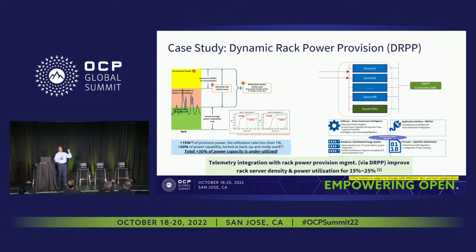We take all the servers in the rack and say, together, your power budget is X. Let's say all the servers together are 10,000 watts, but we tell the servers your budget is 8,000 watts, and it's for them to manage that excess 2,000 within there. Not everyone has to throttle, but somebody has to throttle to keep everybody under that limit. And that responsibility is given to the dynamic rack power provisioning controller.